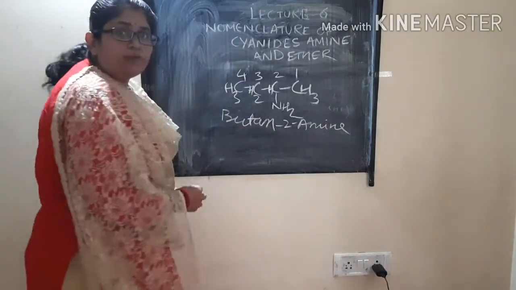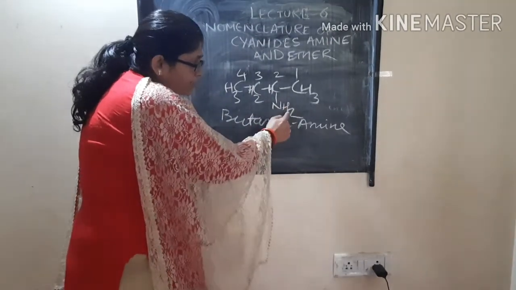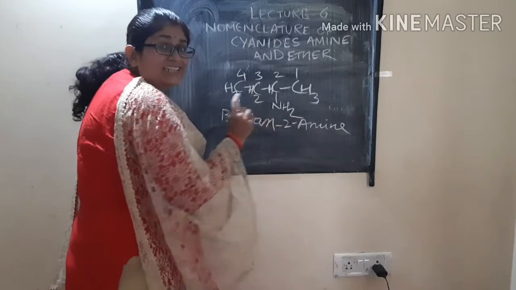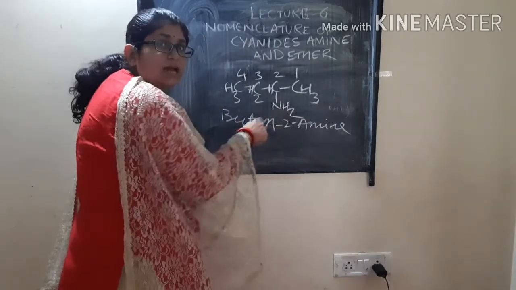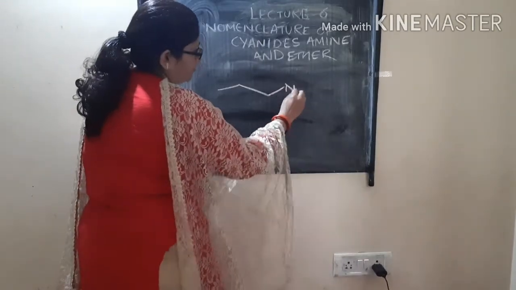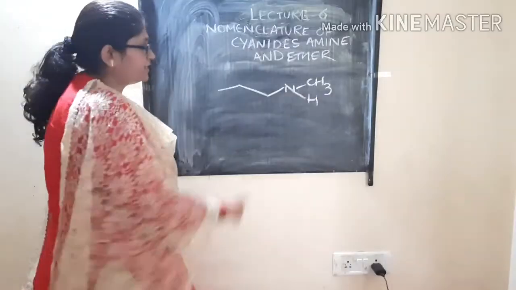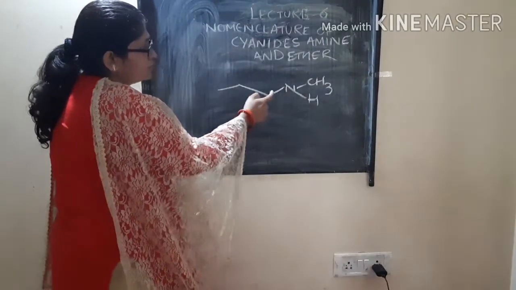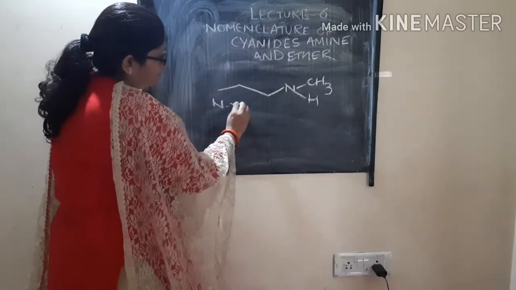Butane 2 amine. Understood students? Now we will discuss that in this amine, if in place of this H we attach some substituent, then how will you name it? See here students. So it will be N-methyl.